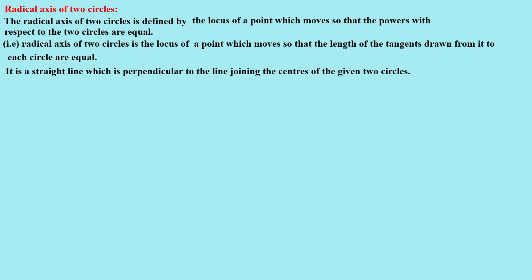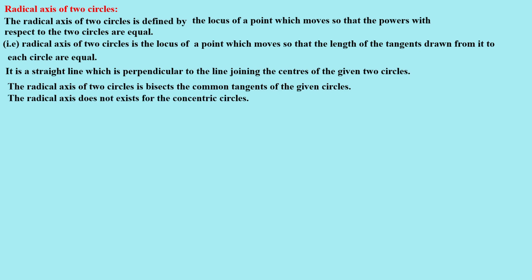It is a straight line which is perpendicular to the line joining the centers of the given two circles. The radical axis of two circles bisects the common tangents of the given circles. The radical axis does not exist for concentric circles, right? So these are all the things related to the radical axis.